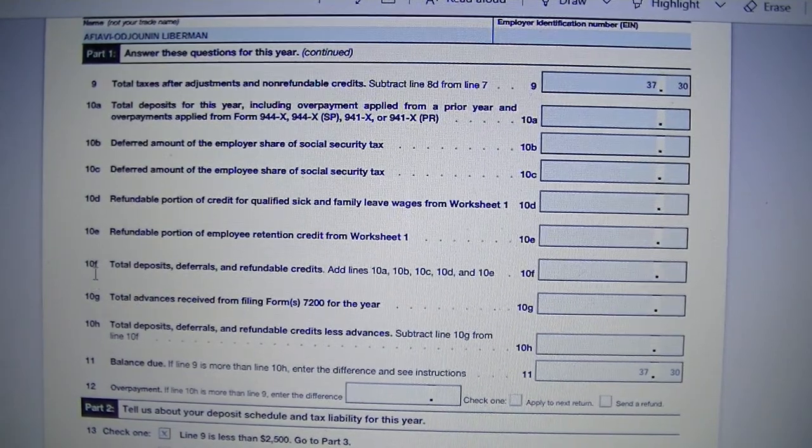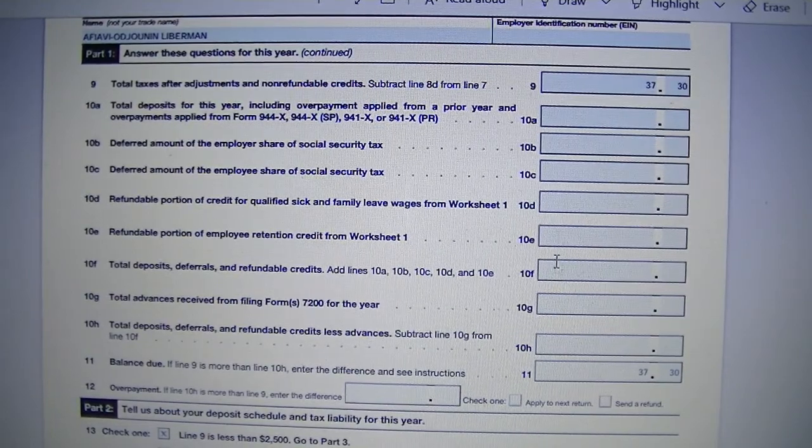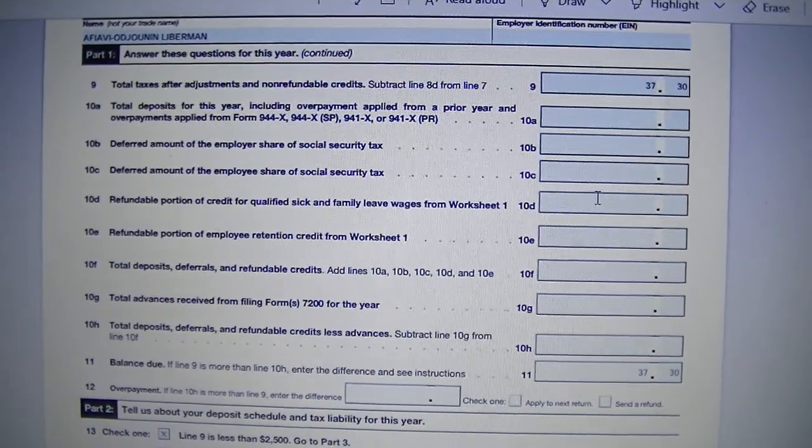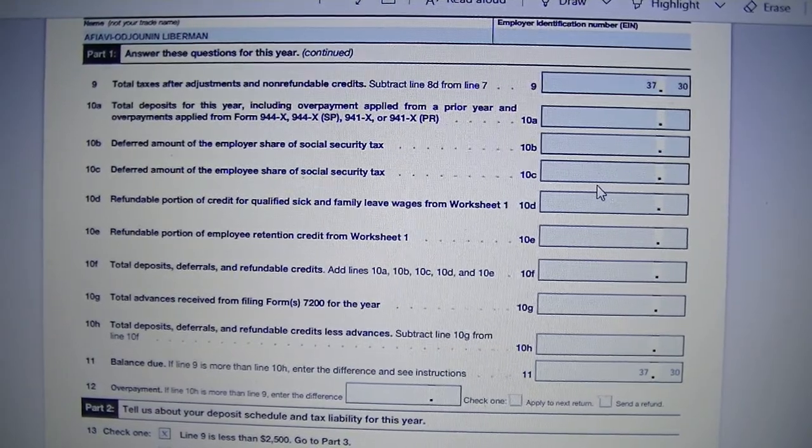So line 10F, total deposits, deferred and refundable credit. So that will be all the 10s together. And here it is 0 because we didn't claim any credits and we didn't defer any tax either. So our 10 is 0.